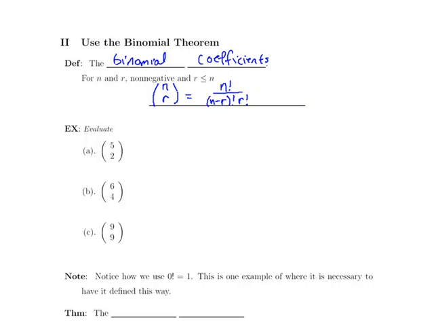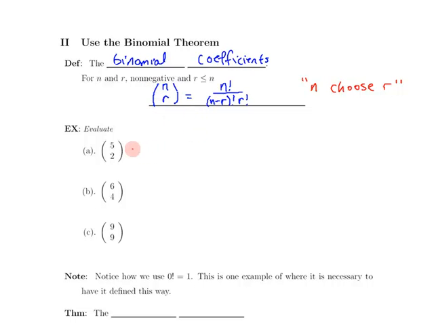So, for example, if I wanted to find the binomial coefficient of 5, 2, which is sometimes read as n choose r, for reasons that would make sense after you have a little bit of statistics and probability, this also turns out to mean the number of ways that you can choose a subset of size r out of a group of n objects, where order doesn't matter.